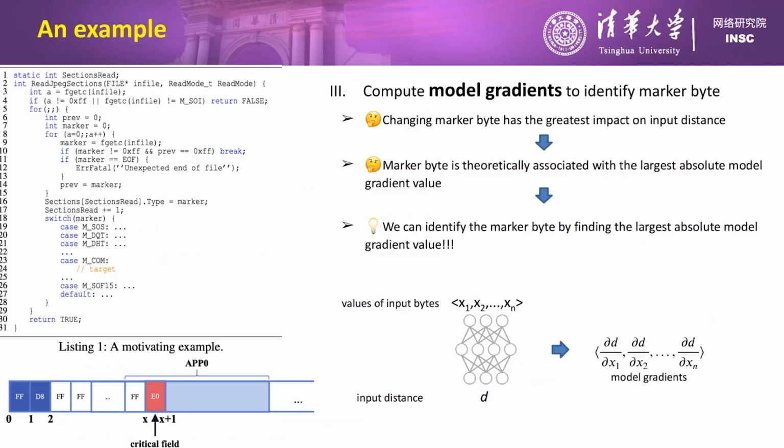Finally, we compute the model gradients to identify the marker byte. This is based on the mathematical explanation that changing the marker byte has the greatest impact on input distance. So the marker byte is theoretically associated with the largest absolute model gradient value. Thus, we can identify the marker byte by finding the largest absolute model gradient value.